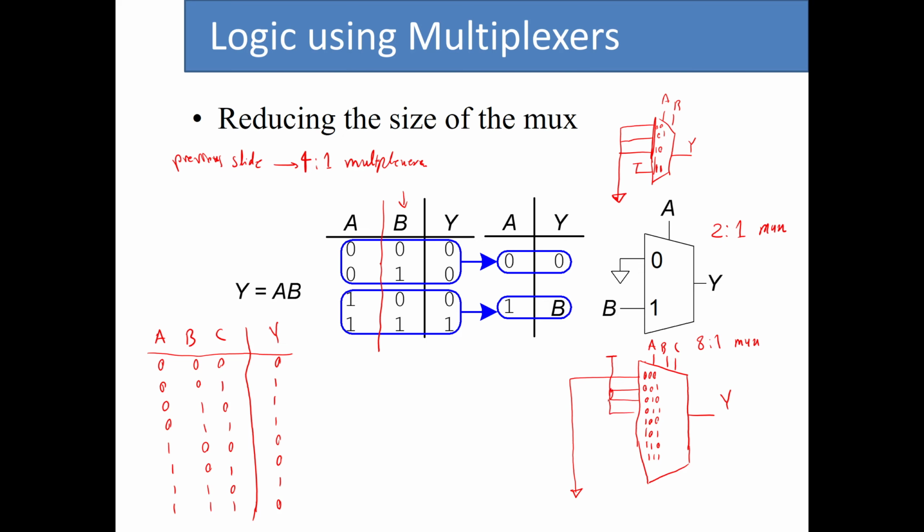The fourth one as well. Then we have 2 zeros, so 1, 2, another 1 here, and then finally this one is again connected to 0. So this is the implementation of this 3 input function using an 8 to 1 multiplexer.